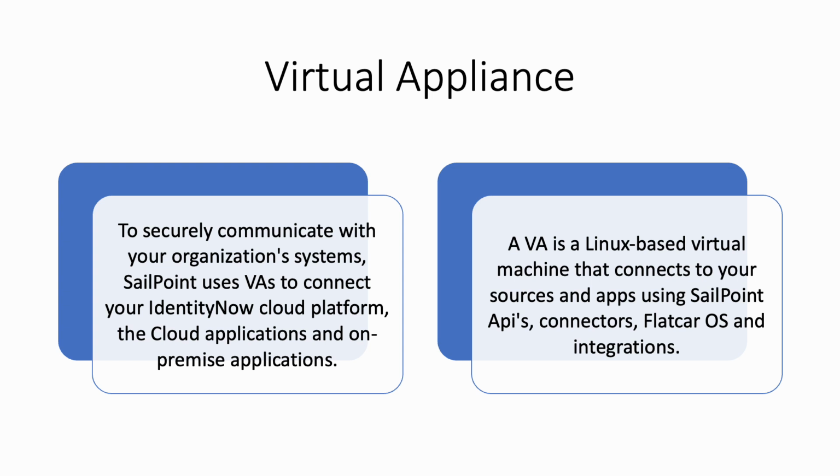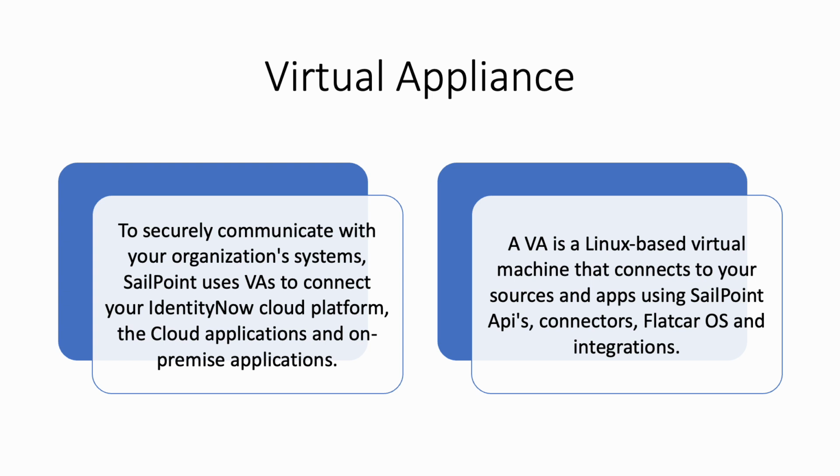In IdentityNow, the virtual appliance is a Linux-based virtual machine that plays a critical role in connecting your internal sources, cloud applications, and external sources to the IdentityNow platform. It uses SailPoint's APIs, pre-built connectors, and deep integrations to securely communicate between your organization's IT environment and the IdentityNow cloud.